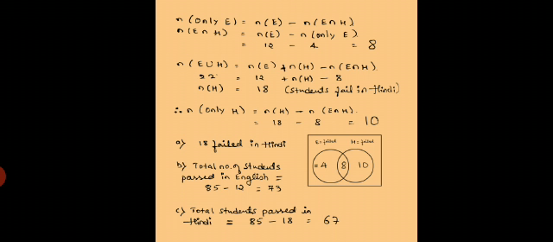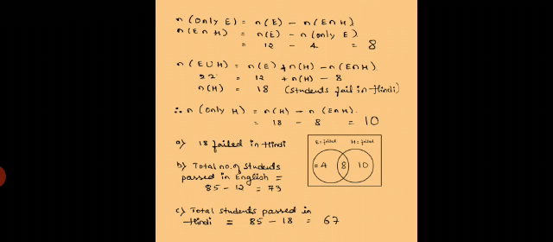Then N of H is equal to, now subtract 12 and 8, you get 4. Now shift that 4 to the LHS and subtract from 22, you get 18. So this is the number of students who failed in Hindi. This is how you have to simplify.